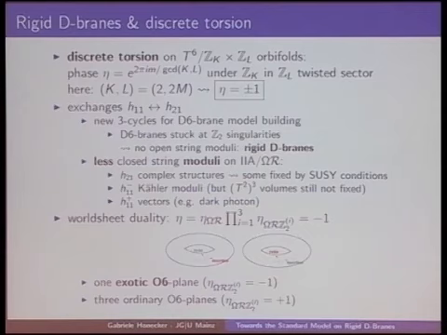And these sign factors mean if you have a -1, it's an exotic orientifold plane, and if it's a +1, it's an ordinary orientifold plane. So if you switch on discrete torsion, it means we need an odd number of exotic orientifold planes, and the only way to obtain models which have supersymmetric D-branes is if it's just one exotic orientifold plane.